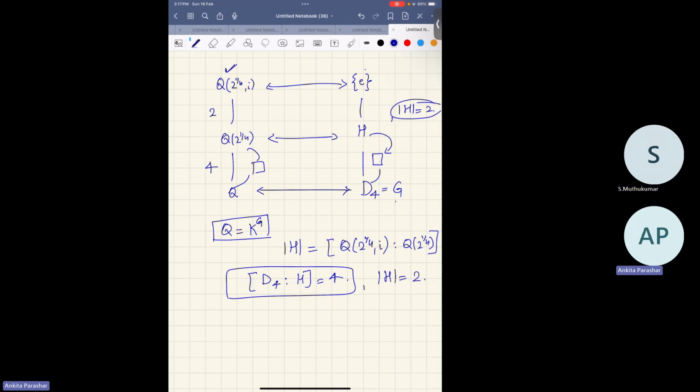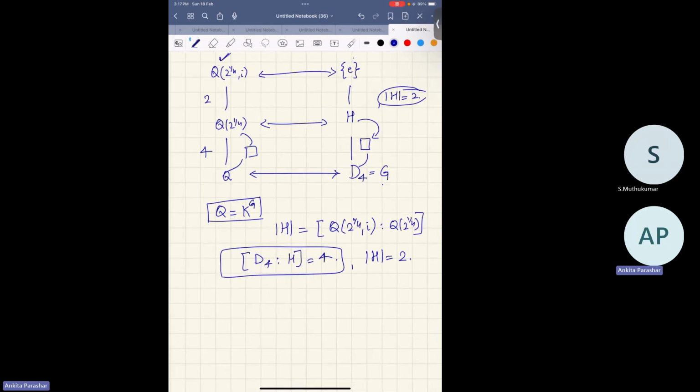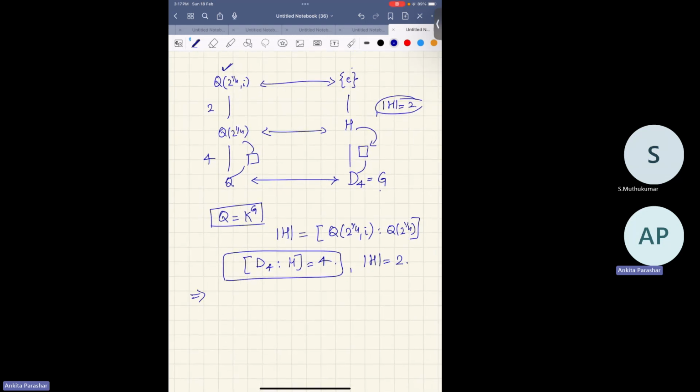Now look at how H has been formed. Suppose I try to know the structure of D4. Because this is a group theoretic question now, we want to know the subgroups in between. So for that, I will look at the structure of D4. If you remember, it has rotations and reflections.